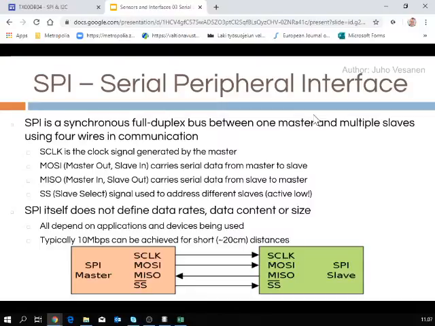In SPI, you have 2 data lines. One is called MOSI, master out, slave in, and then you have another line, MISO, master in, slave out.